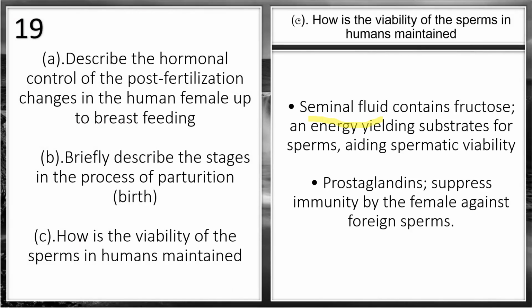The seminal fluid contains fructose, an energy-yielding substance for the sperms, aiding spermatic viability. Prostaglandins suppress immunity of the female against foreign sperms.